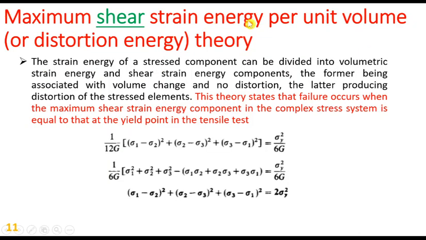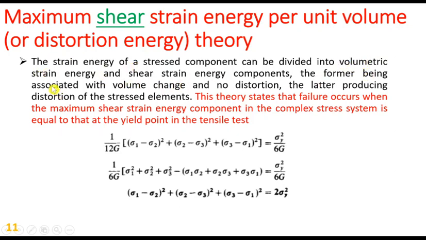Then the maximum shear strain energy per unit volume or distortion energy theory. The strain energy of a stress component can be divided into volumetric strain energy and shear strain energy components. Total strain energy is volumetric strain energy plus shear strain energy. The former is associated with volume change.